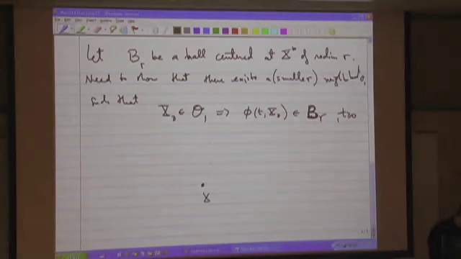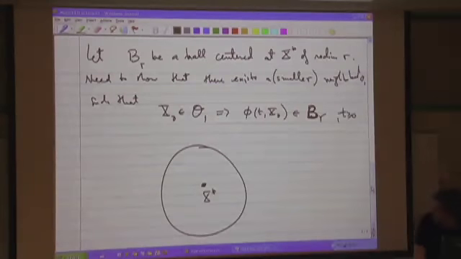This is X star. Now I have a ball of radius R, right? And let's make that bigger.